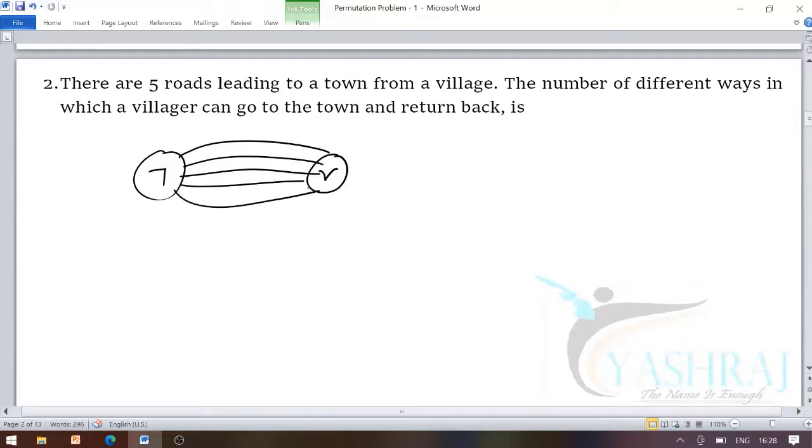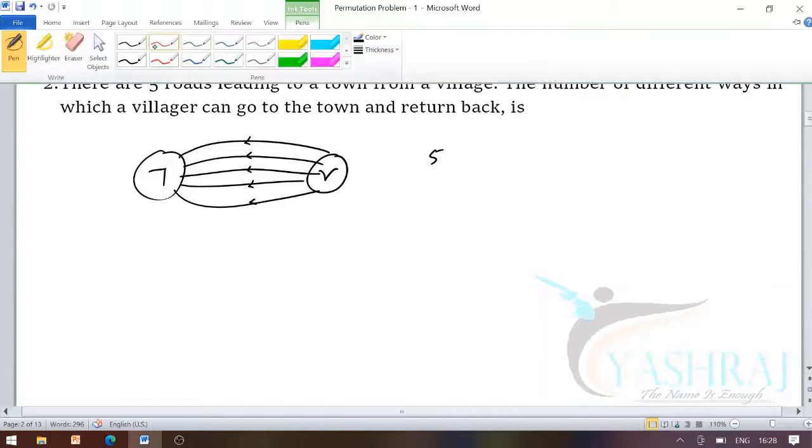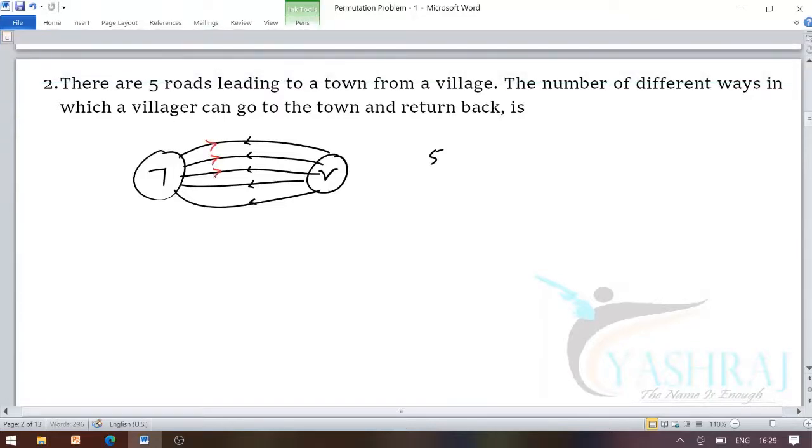So the villager can go to the town by any one of the possible ways. So there are 5 ways, and he can come back to the village, again there are 5 possible ways. So as per the multiplication principle, we have 5 into 5 becomes 25 ways. So there are 25 ways for a villager to go to the town and return back.